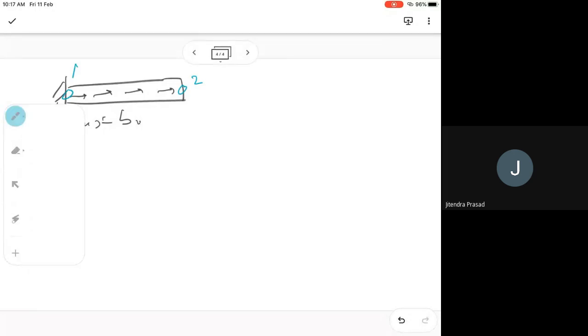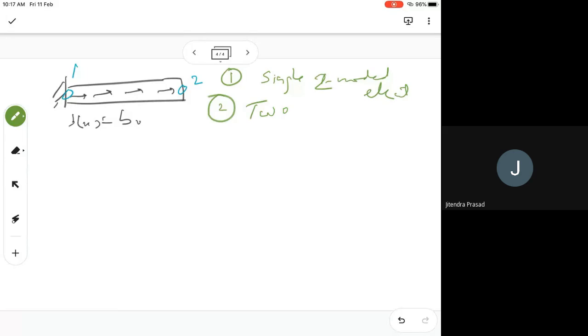So the first scenario will be a single two noded element, meaning one element but two nodes. Number two is we will take two two-noded elements, and number three we will take a single three noded element.